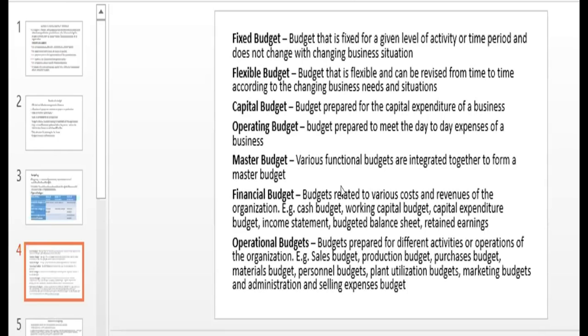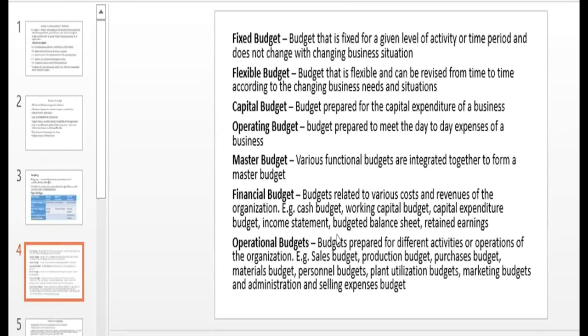Financial budgets are budgets related to various costs and revenues of the organization. For example, we can have a cash budget, a working capital budget, a capital expenditure budget, and an income statement budget.